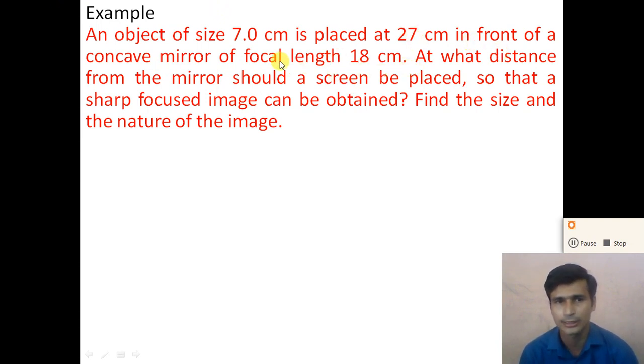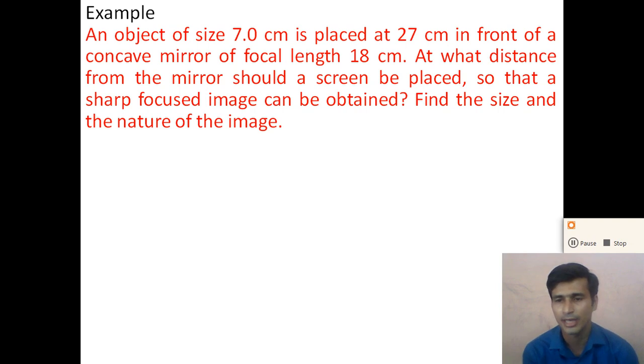At what distance from the mirror should a screen be placed so that a sharp focused image can be obtained? Right? Here we need to find the image distance. At what distance will the image be formed? So calculate the image distance by the mirror formula, calculate the magnification, and from the magnification you can justify your answer, the nature of the image. If the magnification is positive, the image is virtual and erect.